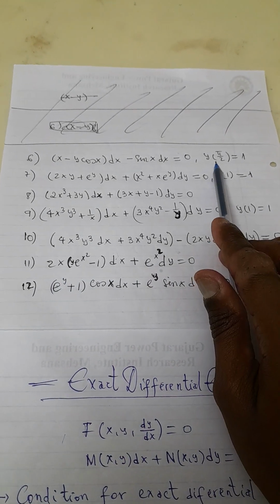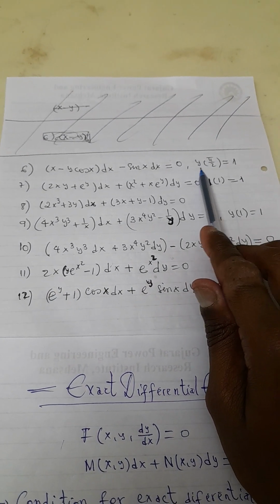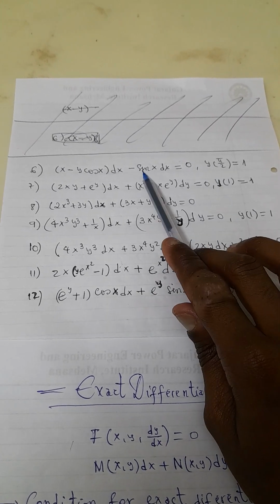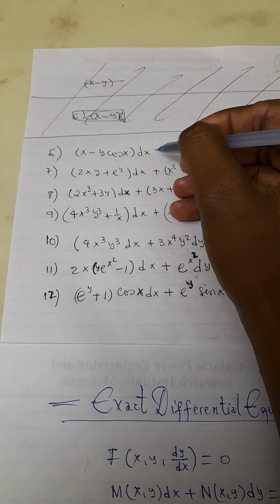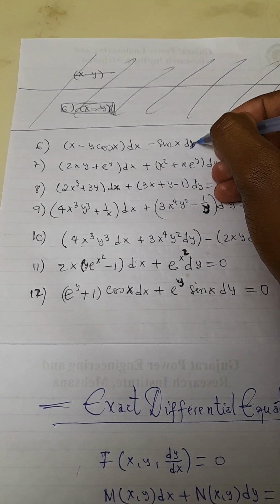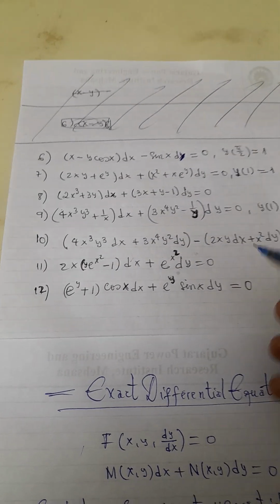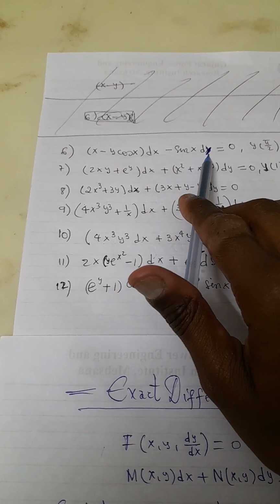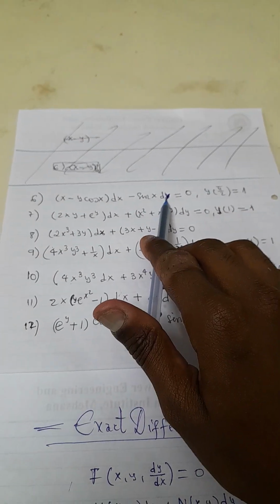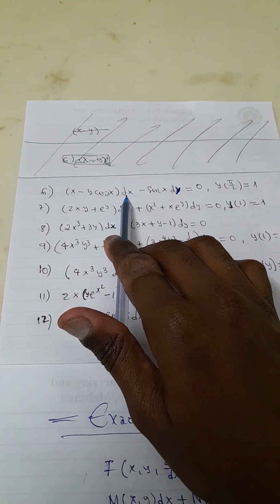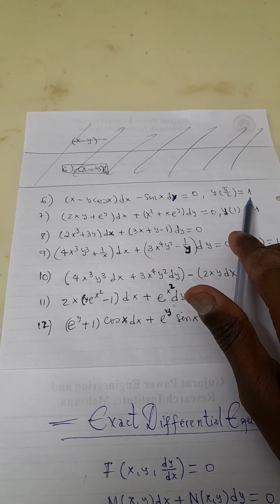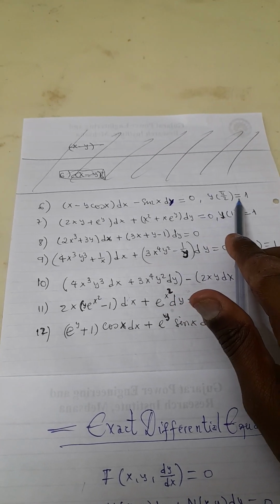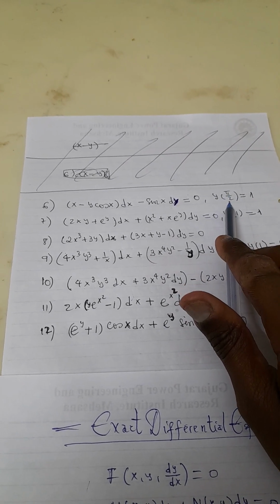When you have an expression like this, this is dx and this is dy. This is the differentiation of y with respect to x, so it means that y is equal to 1 when x is equal to pi by 2.